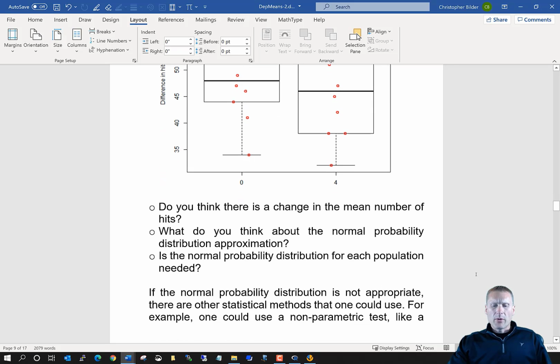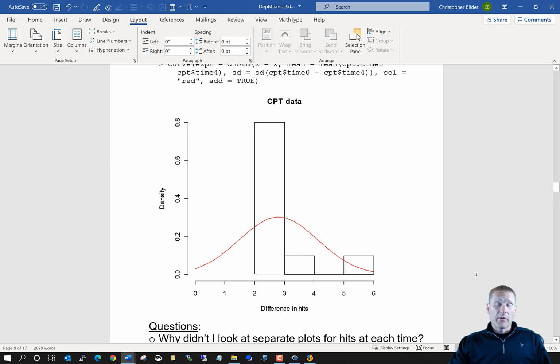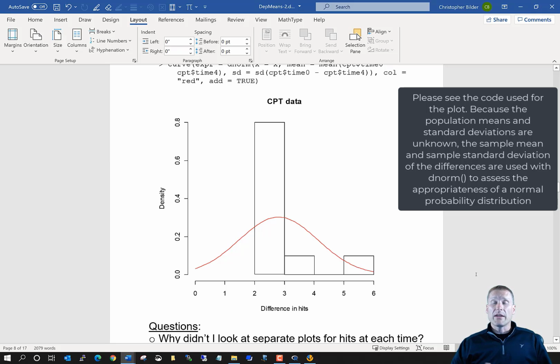So what do you think about the normal probability distribution approximation? Remember, that would be essentially an assumption for working with the t-distribution in this case, and we do have a sample size less than 30. Obviously, we have some issues here with this normal probability distribution assumption. Again, as I've described in the past, fortunately, these kinds of confidence intervals, the corresponding inferences, are often referred to as robust to non-normality.